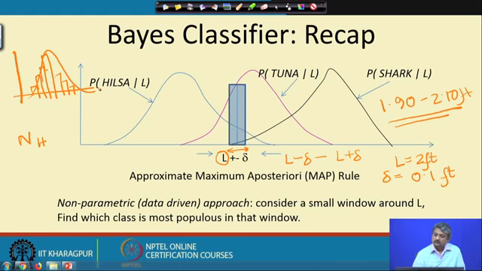So, the idea is that if I make my delta small enough, this value N H, the number of Hilsa having length between L minus delta and L plus delta, is a good approximation of the posterior probability that a fish having length L belongs to class Hilsa.